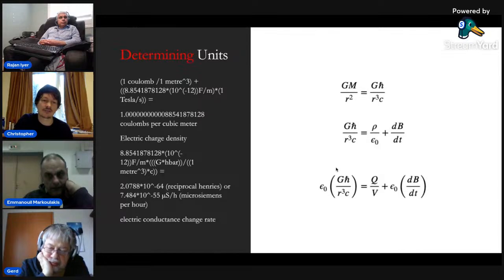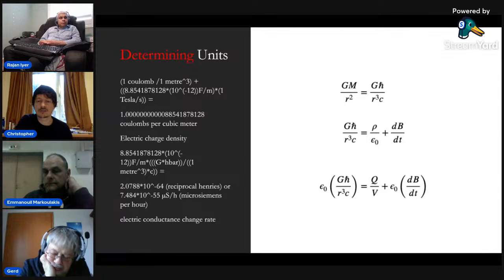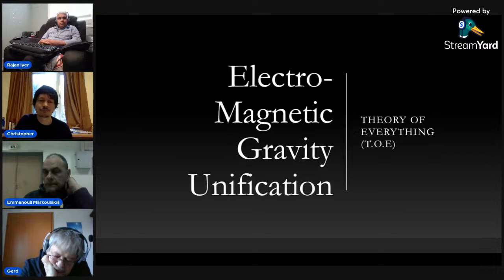On the left side, we wind up with reciprocal henries, which is something I've never heard of, or microsiemens per hour, which is apparently electric conductance charge rate. I'm not really sure how useful that is from the point of view of quantum gravity, but maybe more research in future will shed light on that, or I might have to take a different approach.